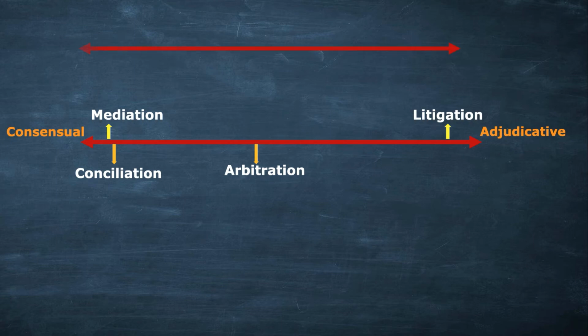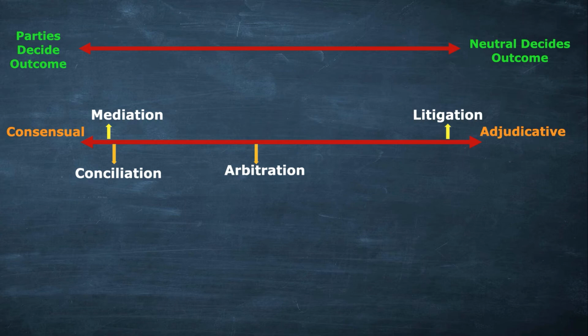Now check out another continuum. What is it about? On one side, the neutral decides the outcome, and on the other side, the parties decide the outcome. Neutral means what? A judge or an arbitrator, and on the left side, the parties decide the outcome.